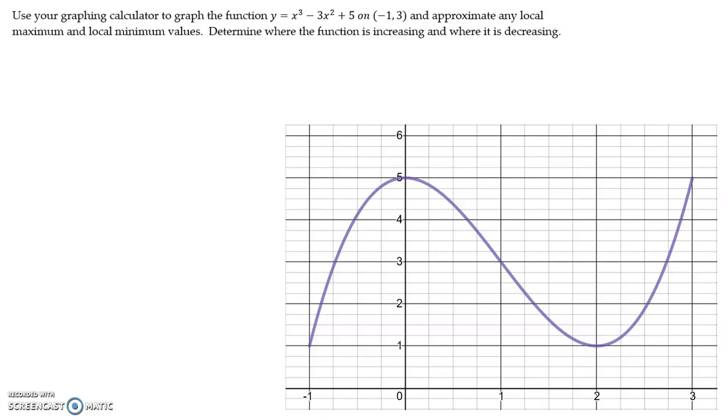So let's go ahead and mark our local max and our local min values on the graph. Our local max occurs at the point (0, 5). Let's just leave these as coordinates.